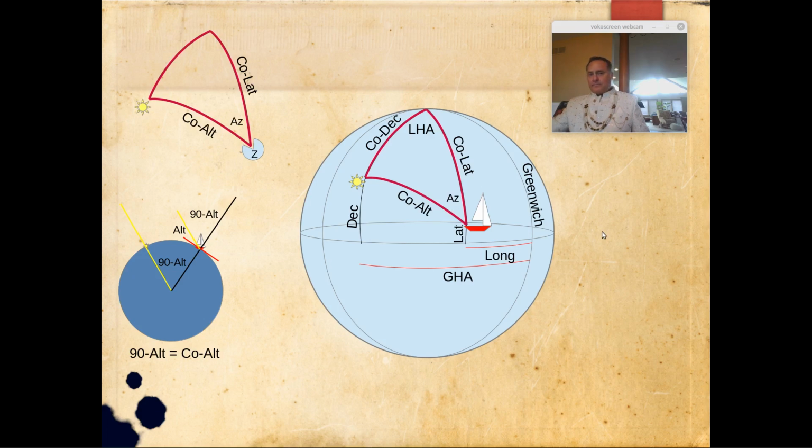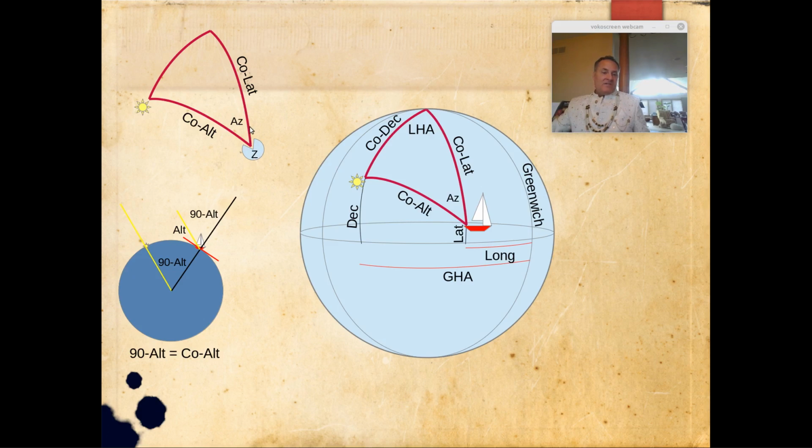Now, the azimuth is one step away from a value that we need, which is the zenith. It's the angle we're going to use on the map when we position ourselves on a map. And so it's what we measure on the compass rose of the map. So if you take 360 minus the azimuth, we have the zenith.